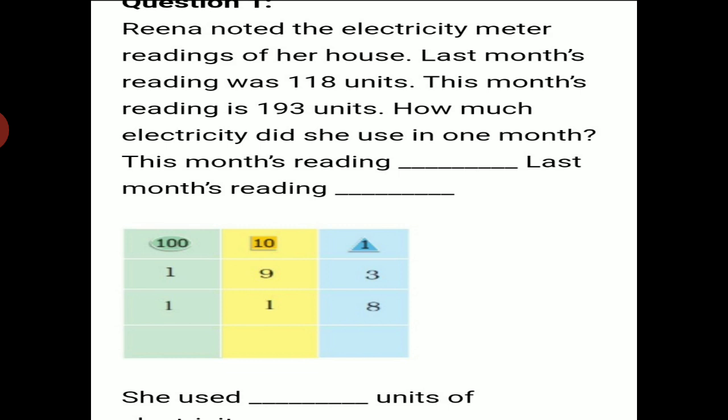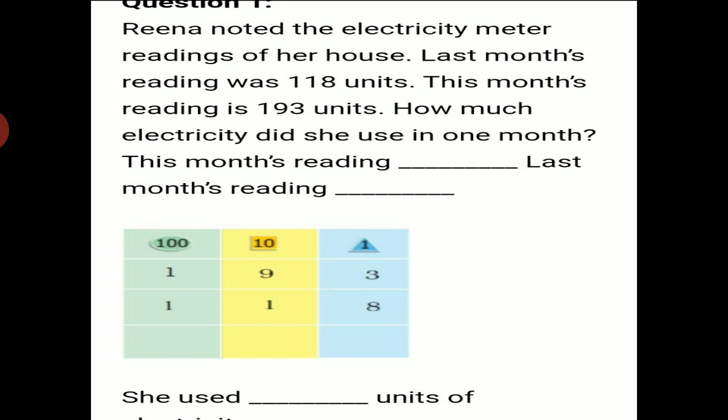Now next question. Reena noted the electricity meter readings of her house. Last month's reading was 118. This month's reading is 193 units. How much electricity did she use in 1 month? Now here two numbers are given, 118 units and 193 units, and you have to find out the consumption of electricity for this month.